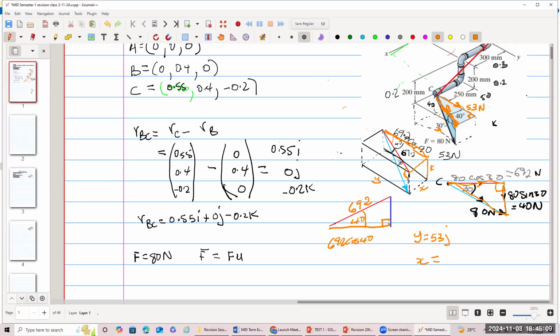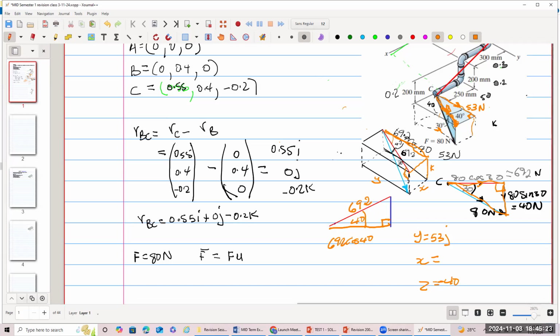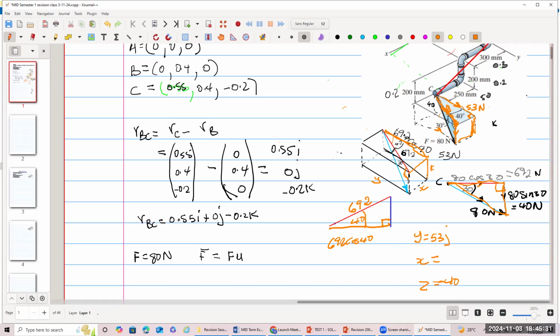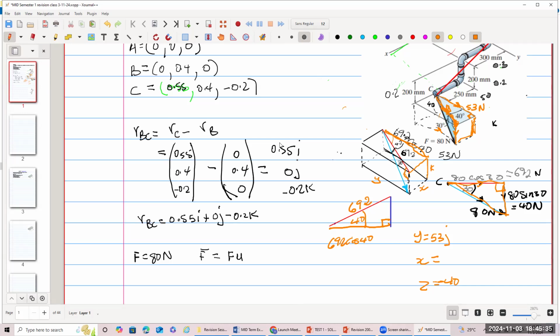No, the 40 newtons is the k. So the z is 40 going down. Do you see that? So that's going down, negative. If you look at the triangle here, it is going down, right there.